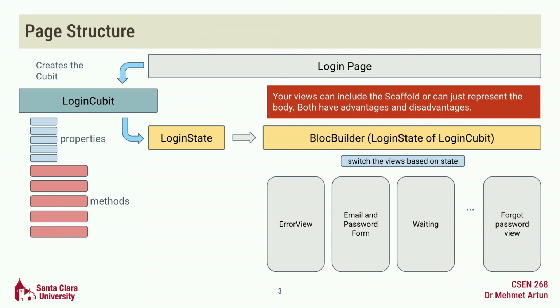But the individual states of the login state is login error state. That's now not an abstract class anymore. It's an actual class that extends the abstract class. Login email password form state, login waiting state, login forgot password state, etc. All of these things, based on that, you capture this and you build the GUI.